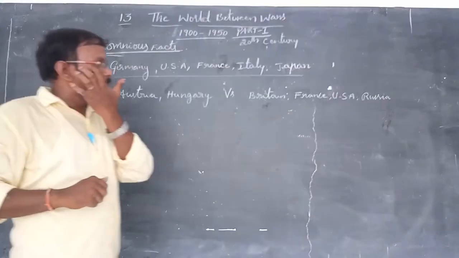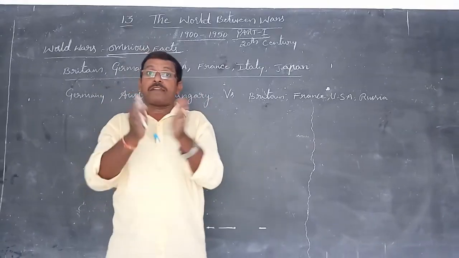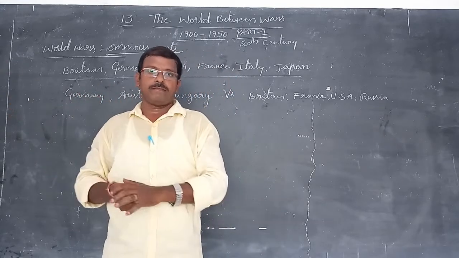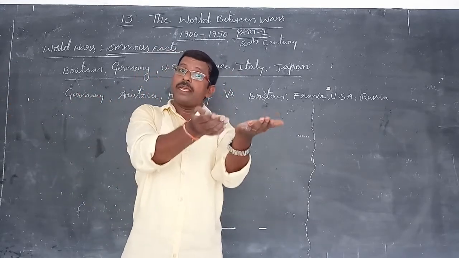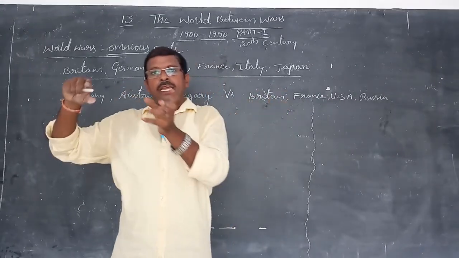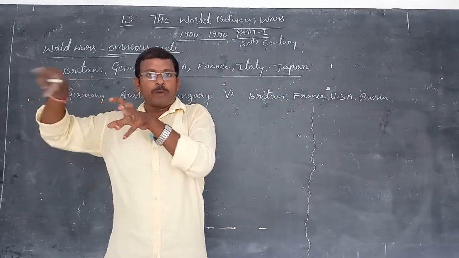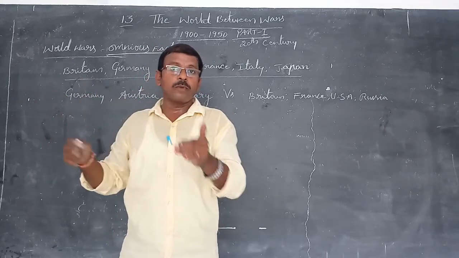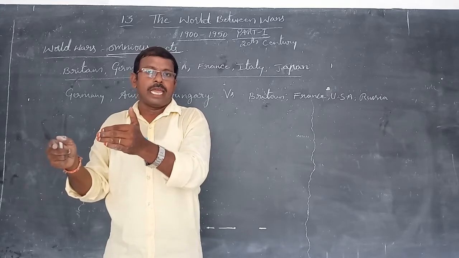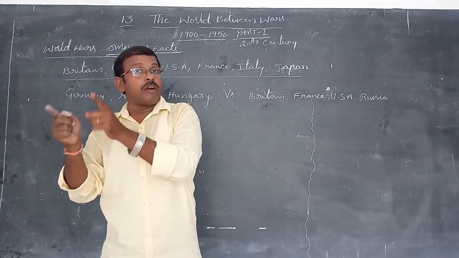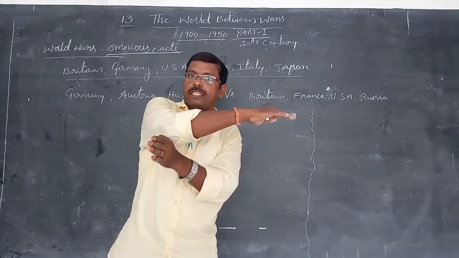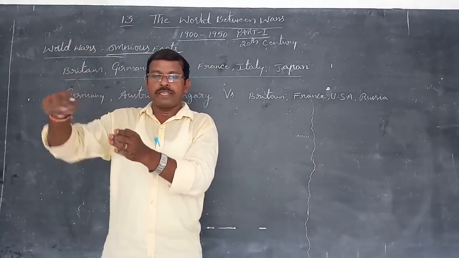For example, there are friend groups. You and your friends are in one group, and your enemy and his friends are in another. If any problem comes to your friend, you all support him. If your friend fights with the other group, you all join and support him.